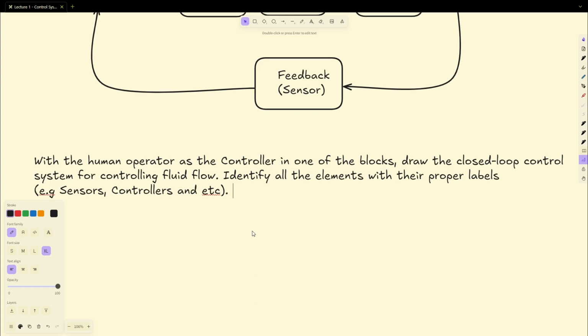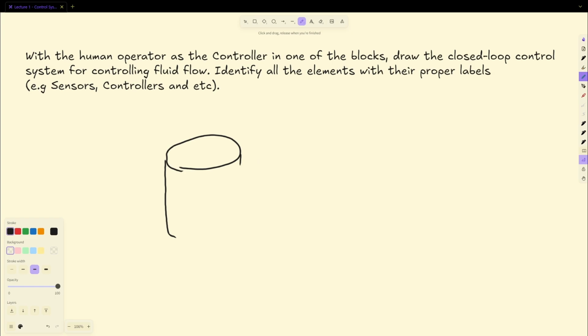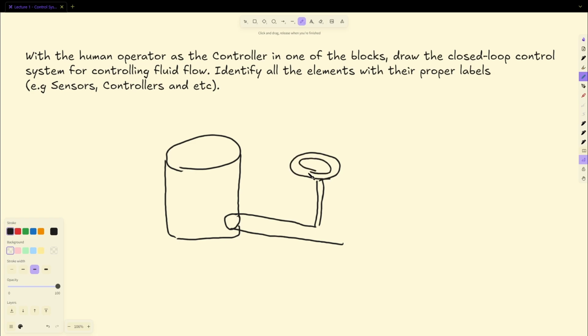Let's draw the actual system we're given so it's easier to understand. So we have a tank. The tank is here, and it's connected to a valve, and that valve is operated by a human.